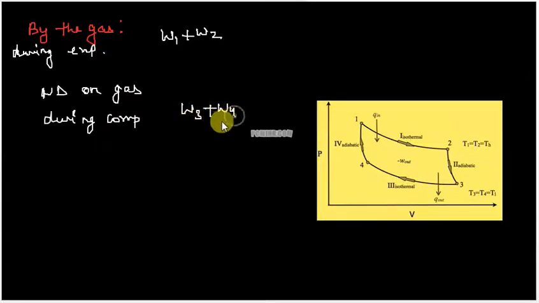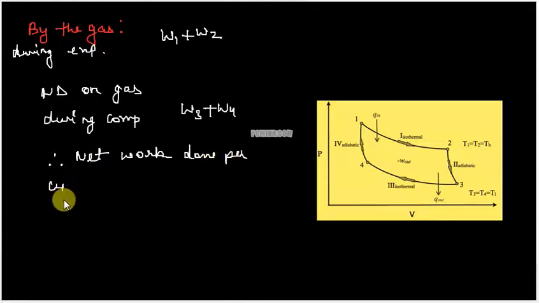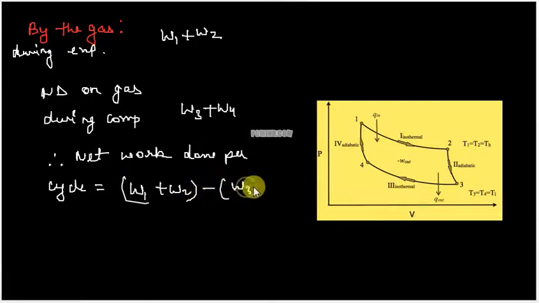So what is the net work done? Therefore, net work done per cycle would be the sum of all of them, out of which of course 2 are positive and 2 are negative. So we would write W1 plus W2, and out of that we subtract W3 plus W4.